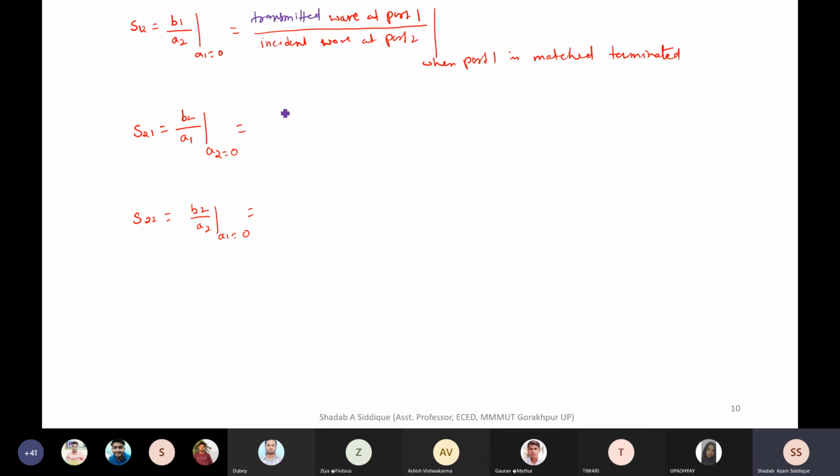So we can name it as the transmitted wave at port 2 divided by the incident wave at port 1, when port 2 is matched terminated.